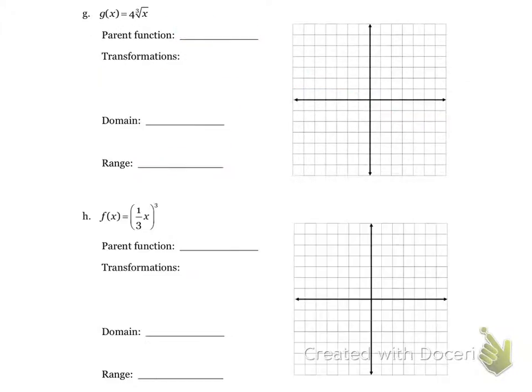Okay, so once again, we are doing the cube root function. But this transformation is going to be a vertical stretch, because it's on the outside, and it's a number greater than 1. So I'm going to go through the origin, but a vertical stretch means I'm going to take all the y values, because when you think vertical, those are y values, and multiply them by 4.